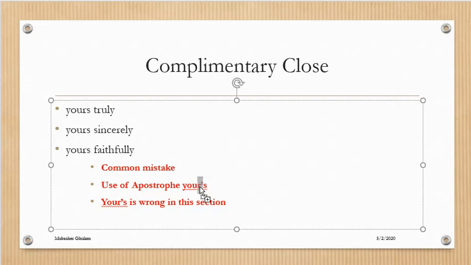Sometimes while writing yours truly, they remember the spelling of true like this, so they put truly with an extra e. Here the e is not available, and you need not use e here. Yours truly is truly, and in yours you need not use an apostrophe.